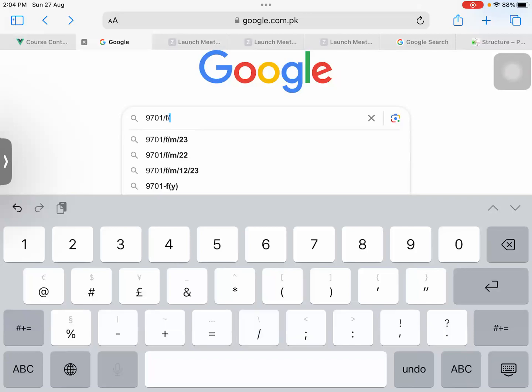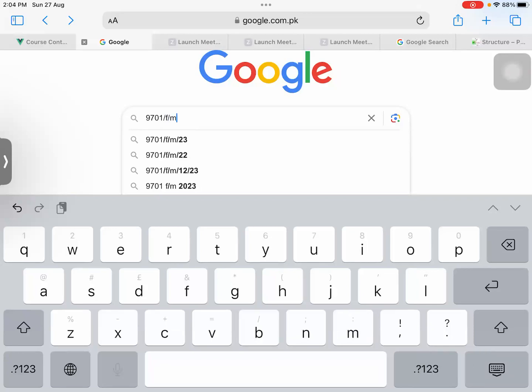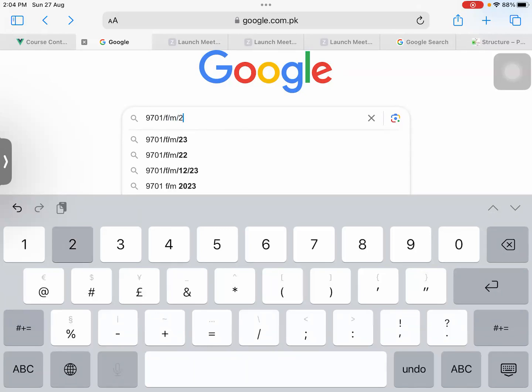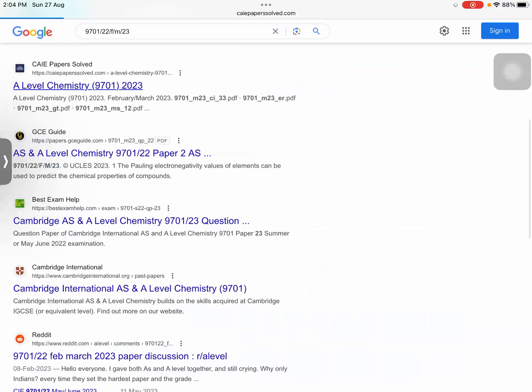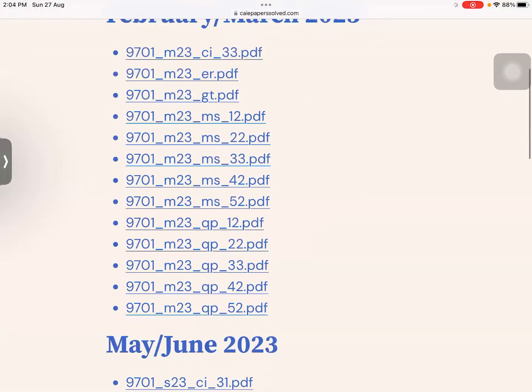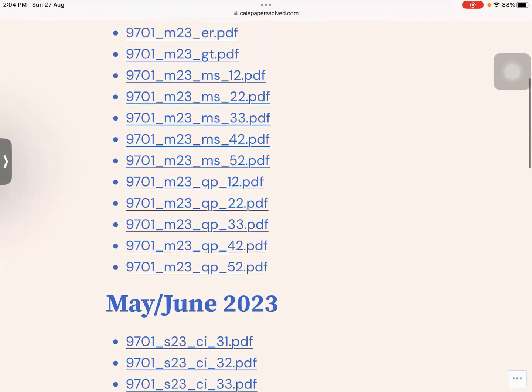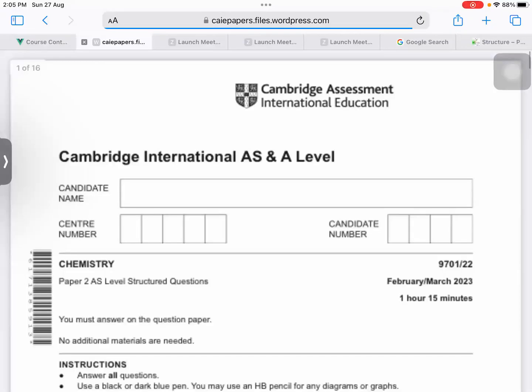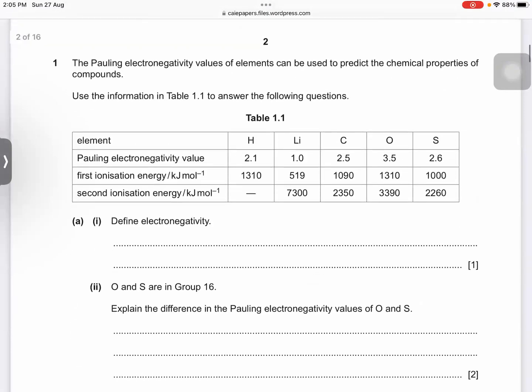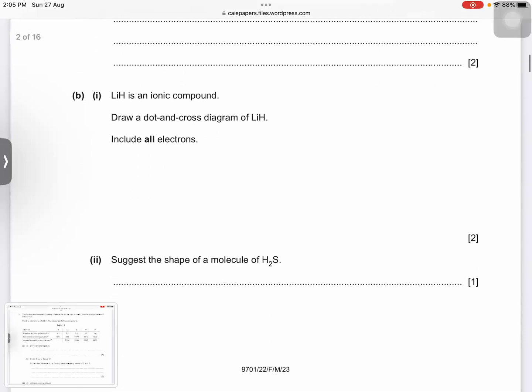Variant 22, February March 23. Where is 22? Yes. This is a very, very important question, right?